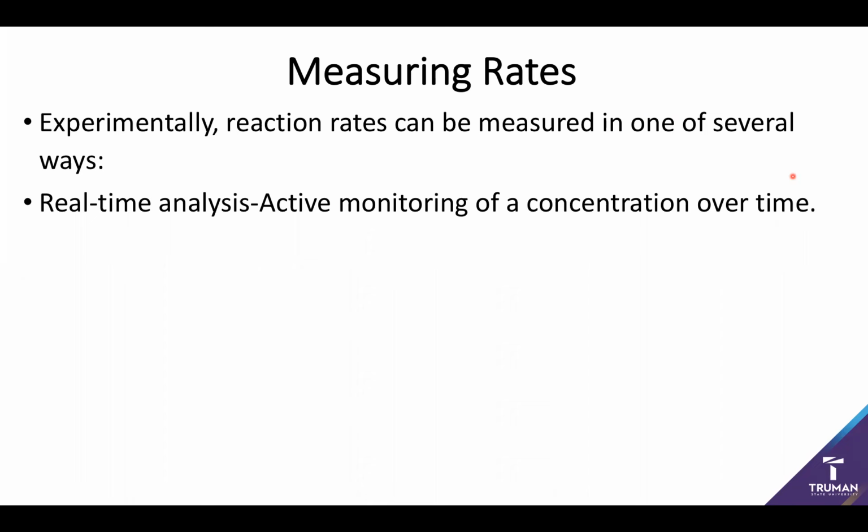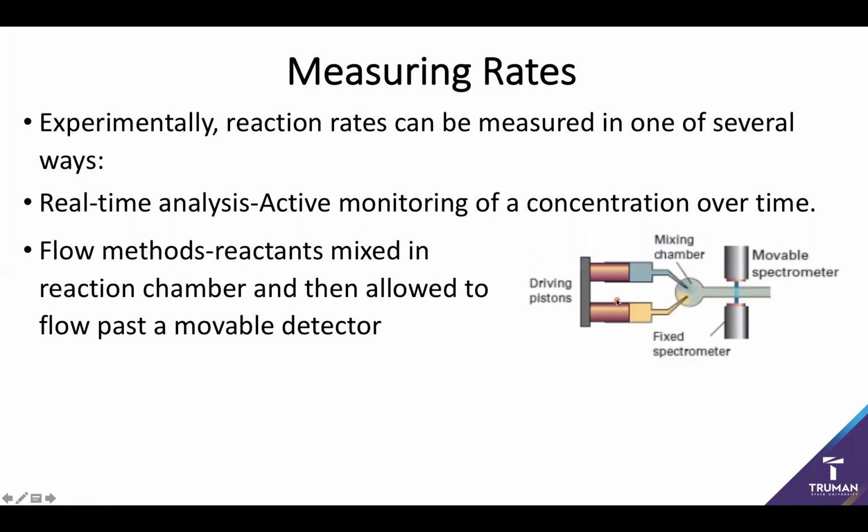Another modification of this is what's called a flow method. So these are also fairly common, and these are nice because they're easier to set up in more of an automated arrangement. So in flow method analysis, the general idea is you'll actually be able to combine your two reactant chemicals inside a mixing chamber and then let it move through some sort of straight tubing where it can move past the spectrometer.